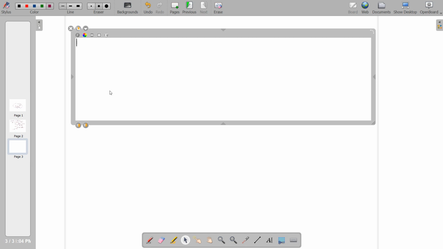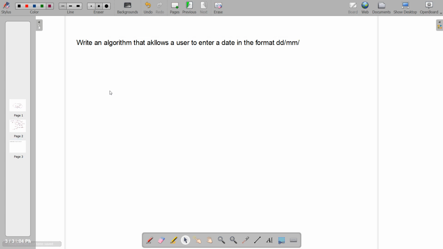So we want to write an algorithm that allows a user to enter a date in the format day, month, year.